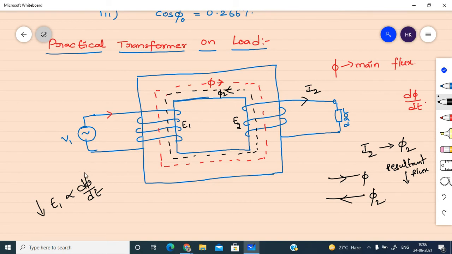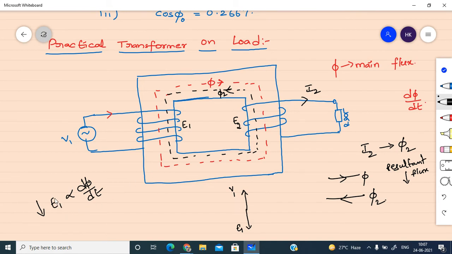So then immediately, whenever this induced EMF in the primary reduces, this V1 will increase. These two are in opposition. We had seen this in the phasor diagram also. If V1 is in this direction, E1 will be exactly in the opposite direction. So V1 and E1 both are in opposition.